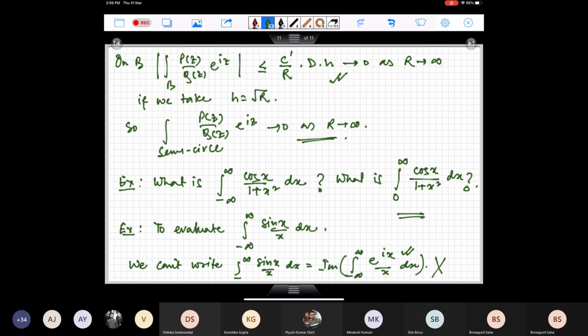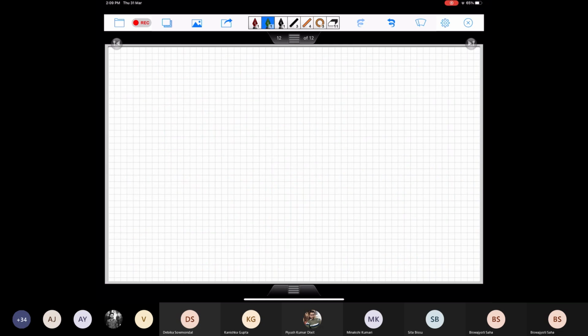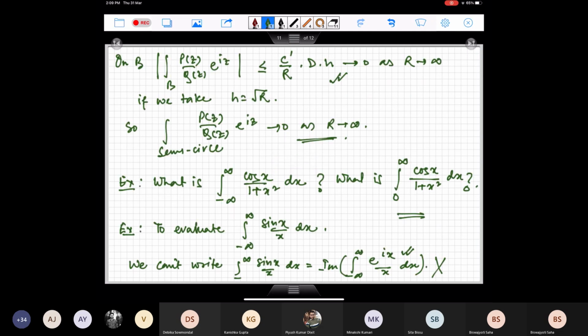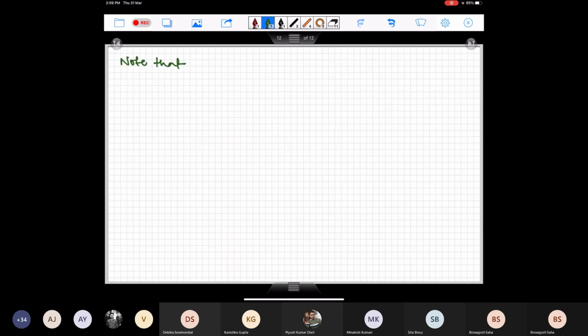Okay. So what we do is that we try to understand what happens at x equal to 0. We note that if I perturb my function a little bit, then I can actually work with this. So note that e^{ix} at x equal to 0 takes value 1.